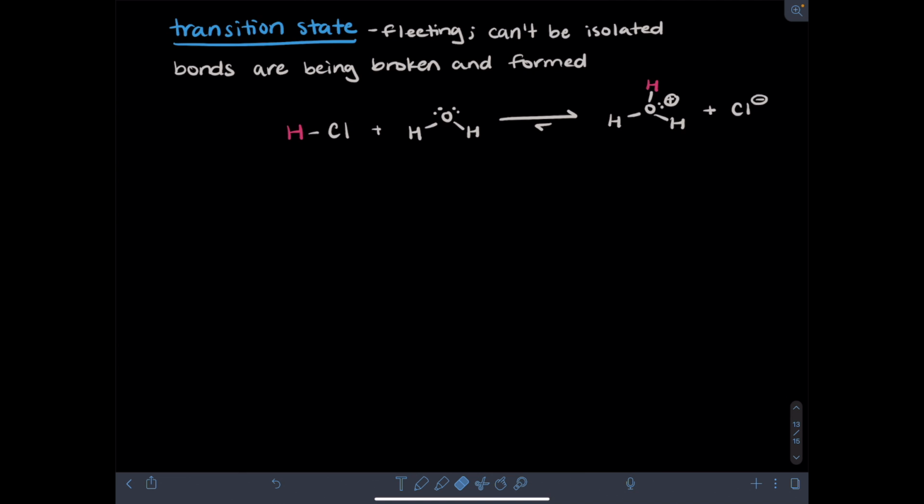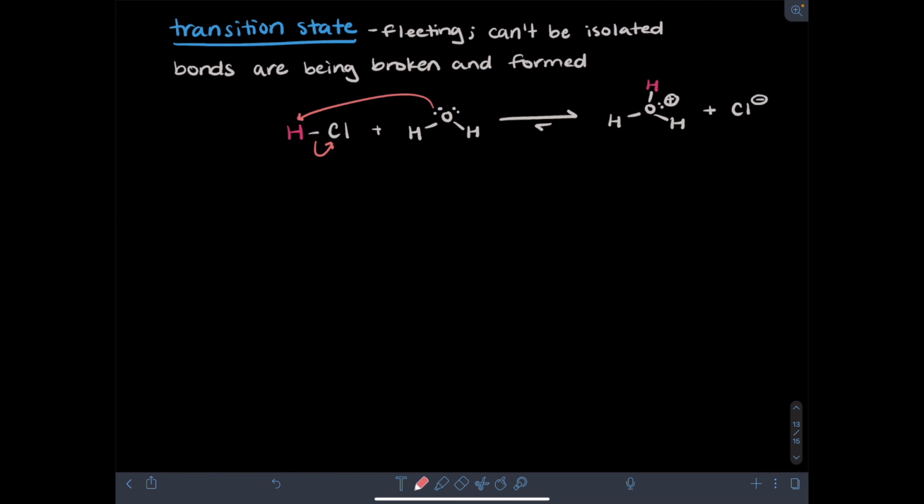Let's consider an acid-base reaction between the acid HCl and water acting as a base. I'll draw in my two curved arrows from the water lone pair to the proton, then from the middle of the HCl bond to chlorine. And this forms my H3O+ and chloride anion.